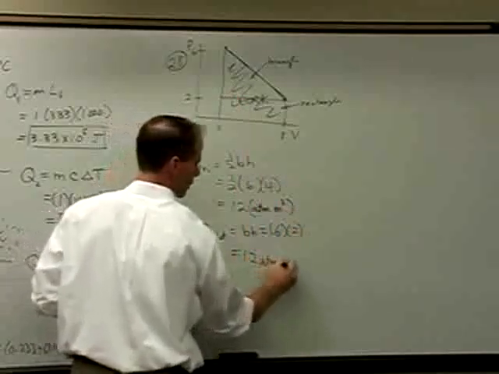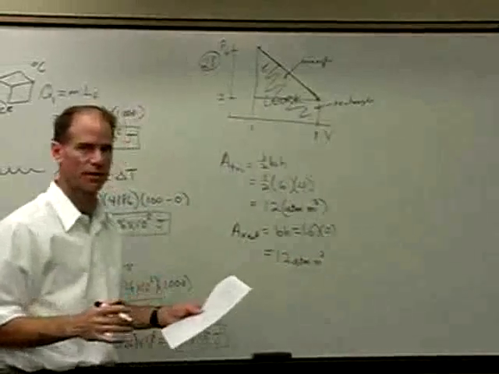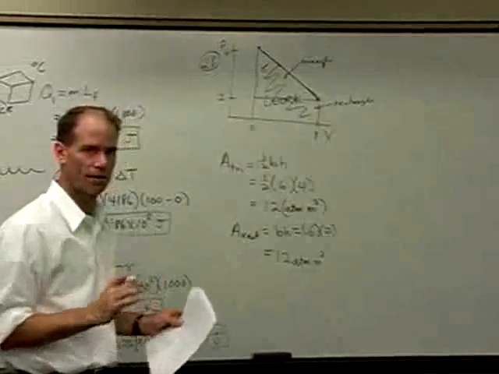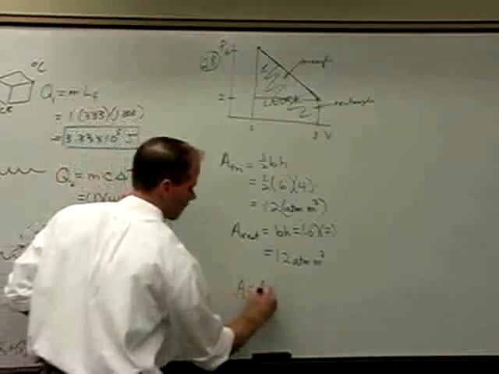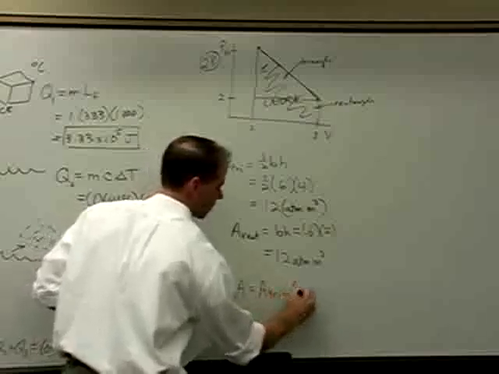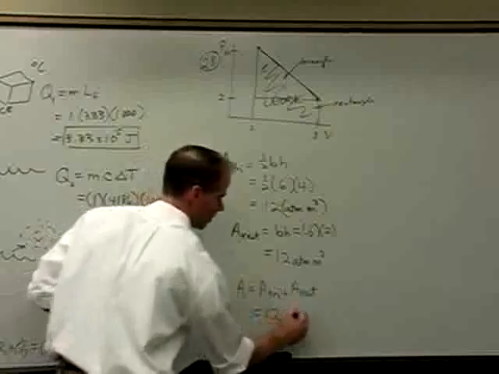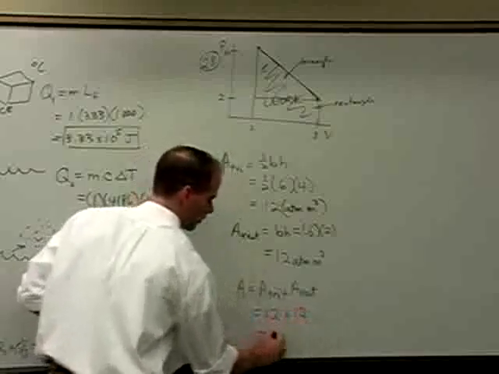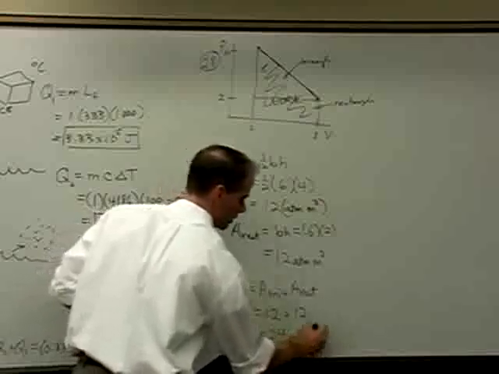atmospheres meter cubed. So our total area will be the sum of these two areas, the area for the triangle and the area for the rectangle. That's going to be 12 plus 12, or 24 atmospheres meters cubed.